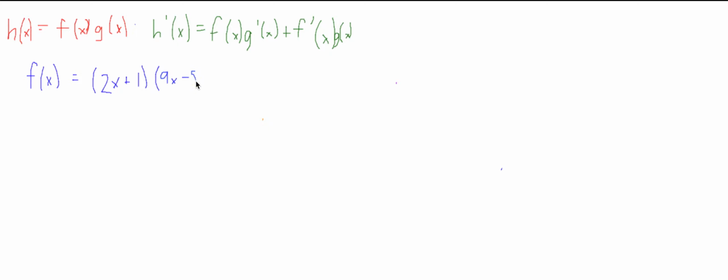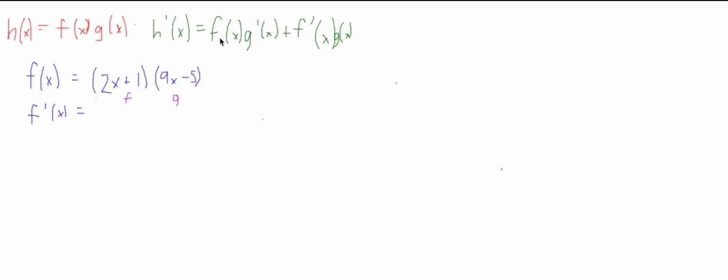We can use the product rule, or we can distribute. We can use the product rule in this case. If we were to find f prime of x, we need to know which piece will be f of x, and which piece will be g of x. So typically the first one should be f, and the second one should be g.